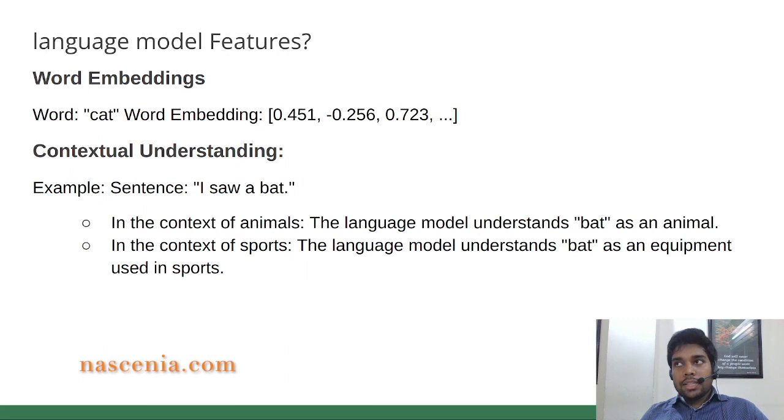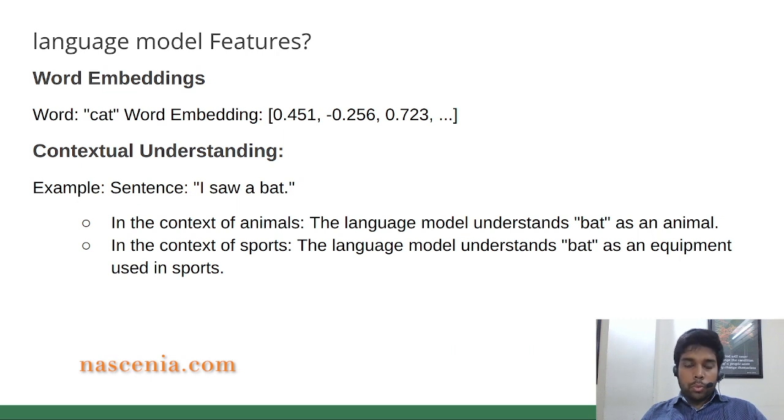So how does a language model work? If you think about it, the computer does not understand human language. It only understands digits. So we have to represent the words or the sentences as numbers.